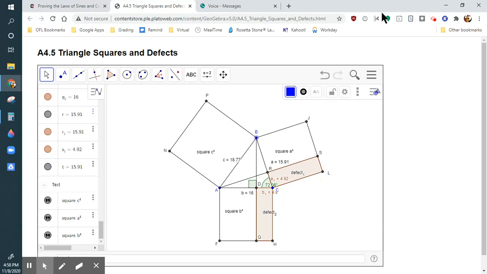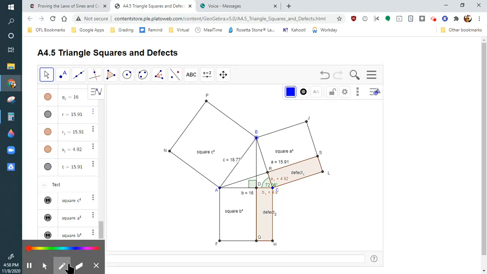So if we look at this triangle right there, this is going to be the adjacent over the hypotenuse.